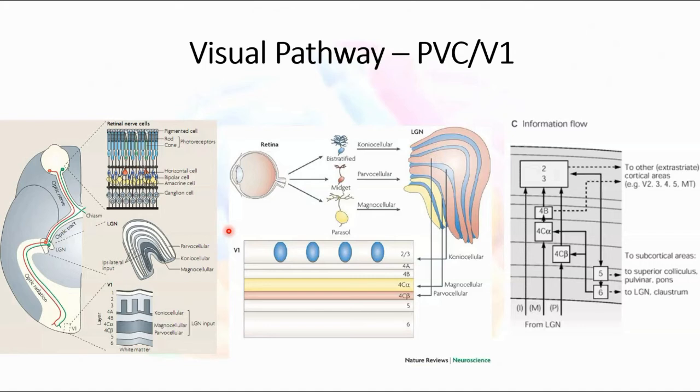The primary visual cortex, also known as V1, is the part of the visual cortex that receives the main signals from the LGN and conveys the main output to the extrastriate areas, such as V2, V3, V4, etc. The primary visual cortex is constituted by a thin sheet of gray matter composed mainly of neural cell bodies and unmyelinated axons.